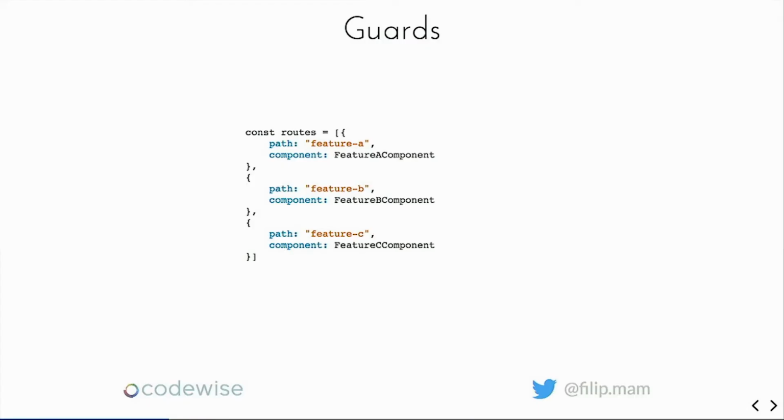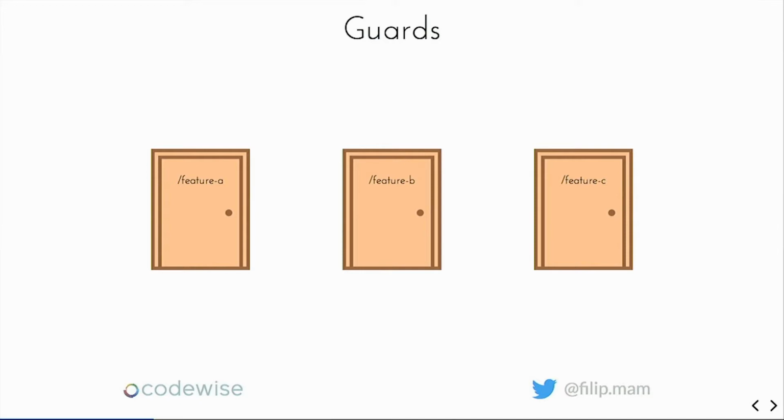So it's the same with single-page applications written in Angular with the help of router. If you have some routes defined and you enter a path, you're gonna see some particular component connected with it, okay? So you go into the particular path, you see a different component being rendered.